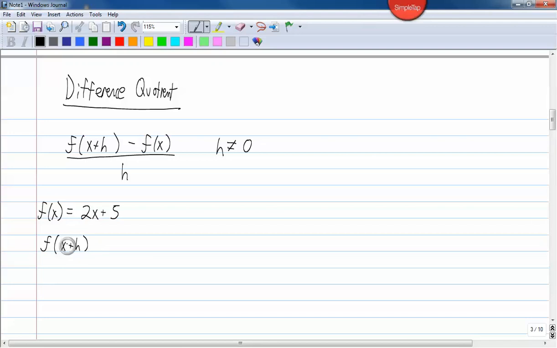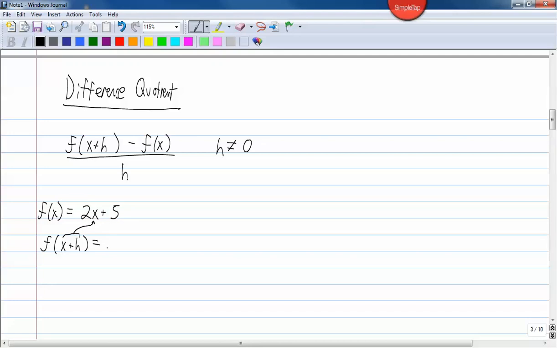So I'm going to take this expression and plug it into f for every x. And when I plug it in, I'm going to put it in parentheses.